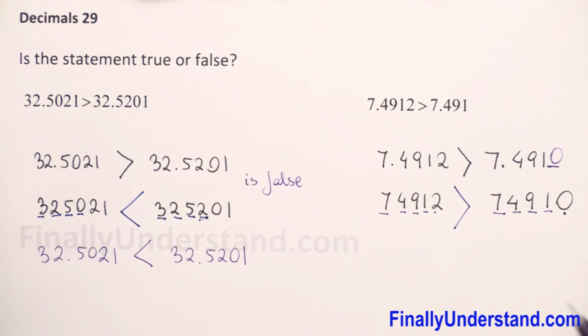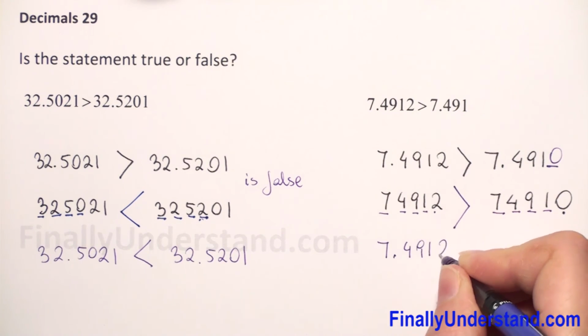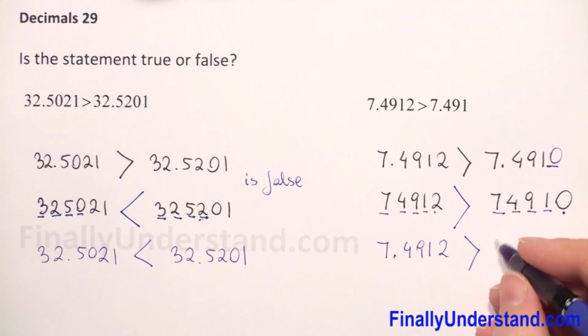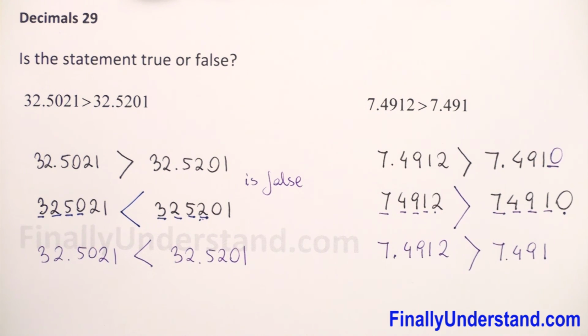What does it mean? That 7.4912 is greater than 7.491. We don't have to write the 0 which I added. What does it mean? That the statement is true. This is my solution.